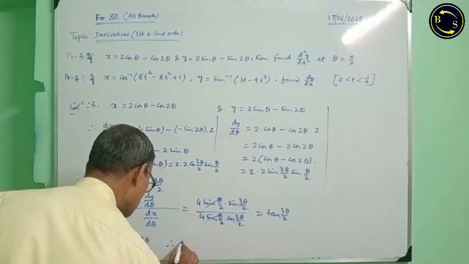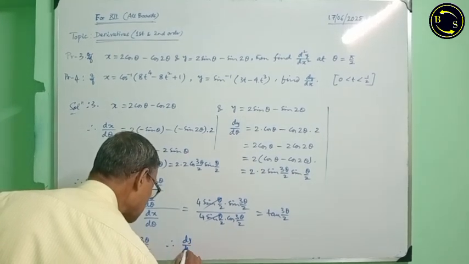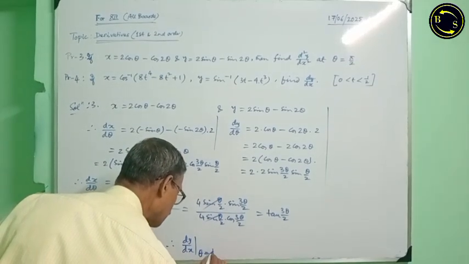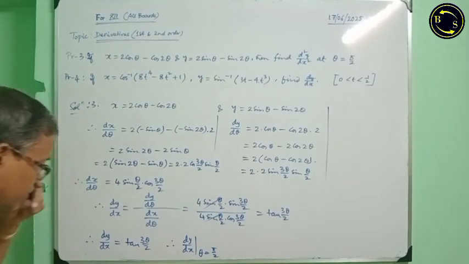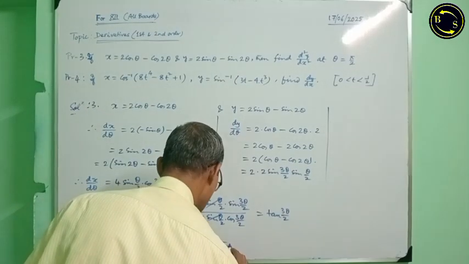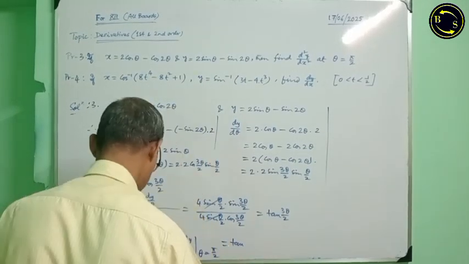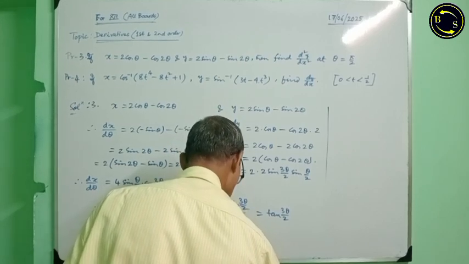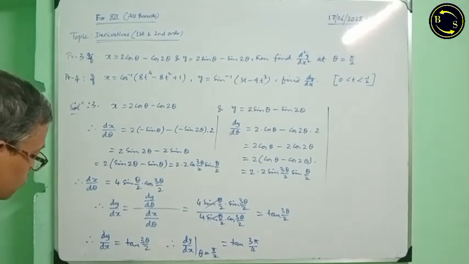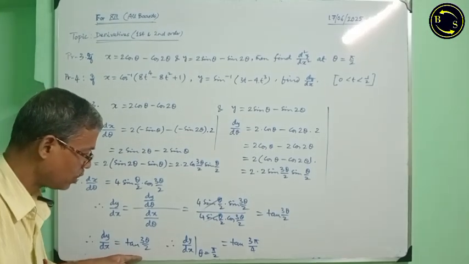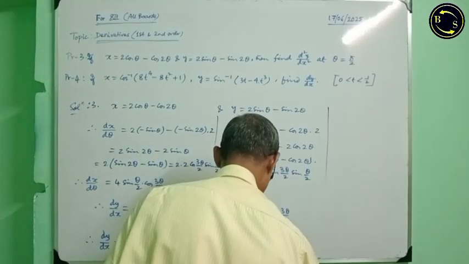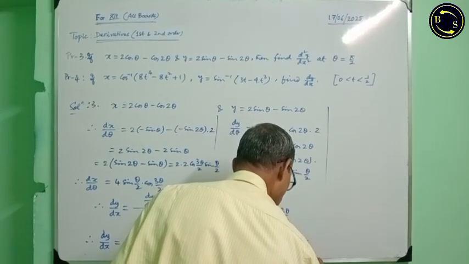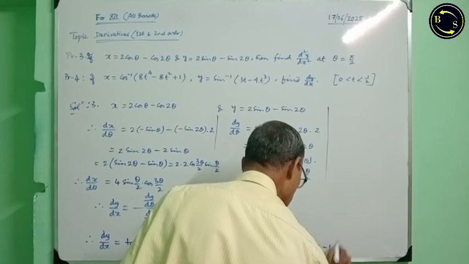Therefore, dy dx at theta equal to pi by 2 is equal to tan 3 pi by 4. 3 by 2 into pi by 2, 3 pi by 4. Tan of pi minus pi by 4 is equal to minus 1.